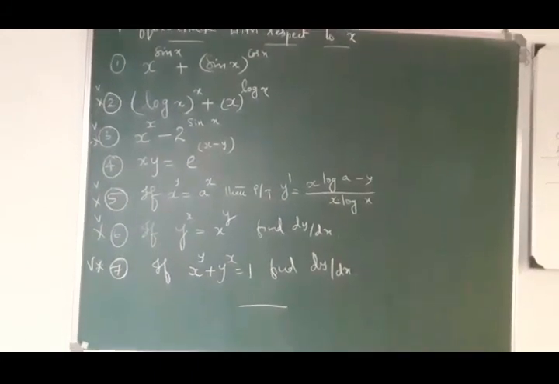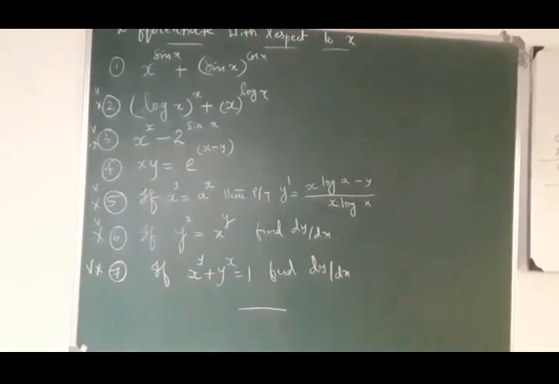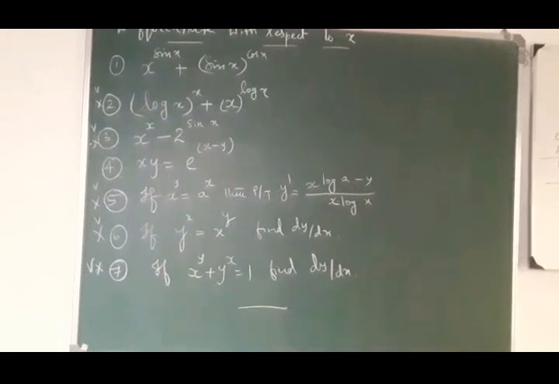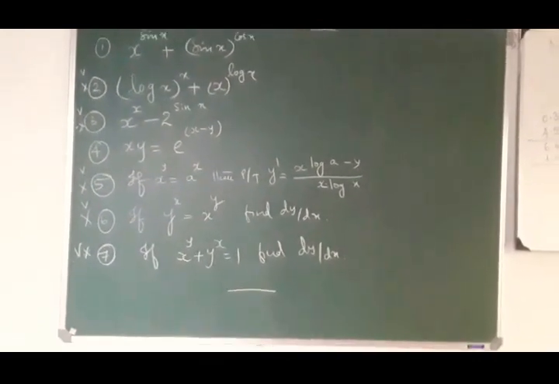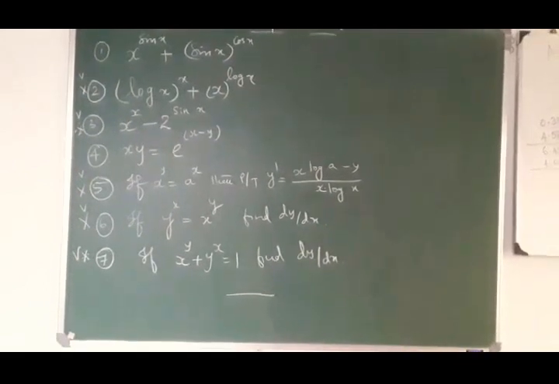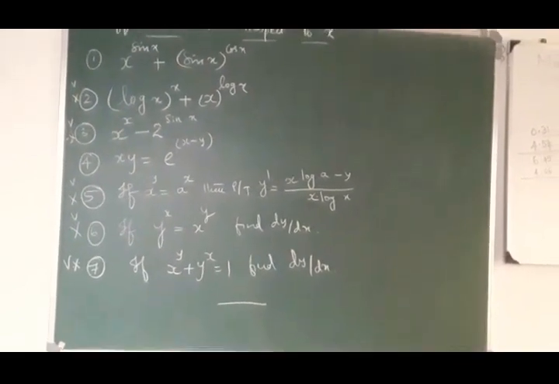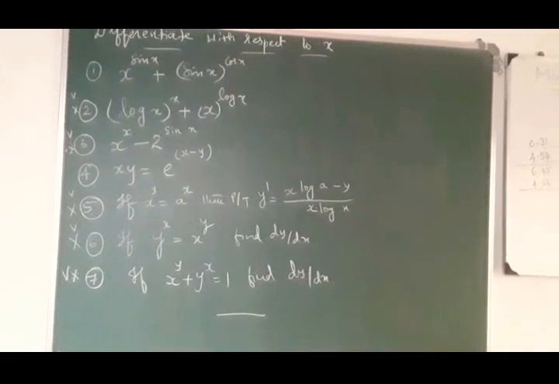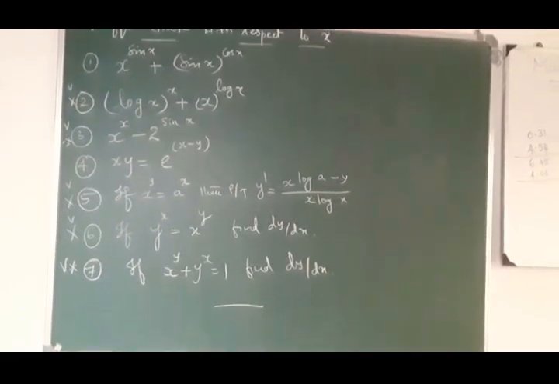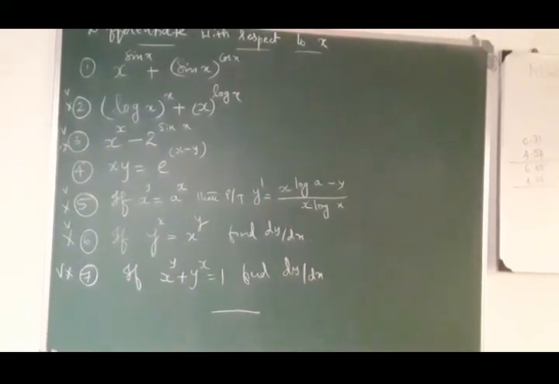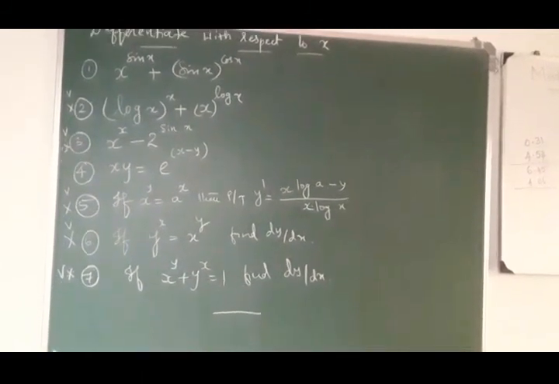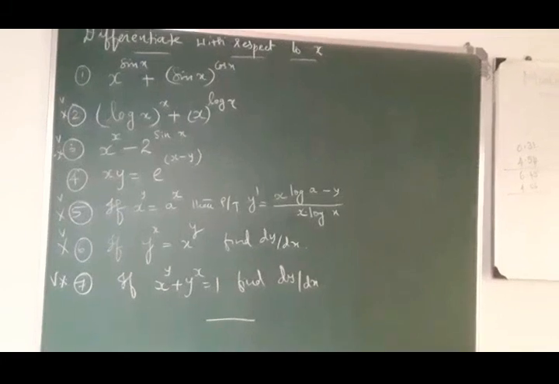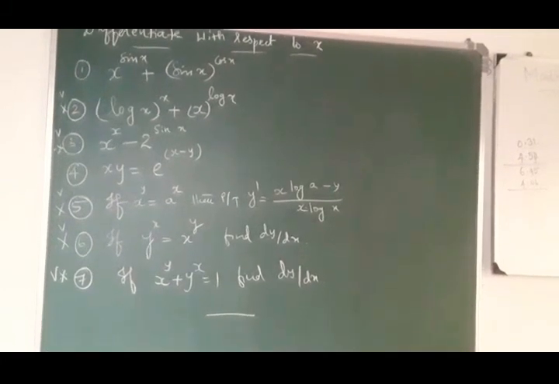That means, if you want to write dy by dx, you can write y1 or y dash as well. Now, sixth question, if y power x is equal to x power y, find dy by dx. And the last question, if x power y plus y power x is equal to 1, then find dy by dx. Let us solve the problems.